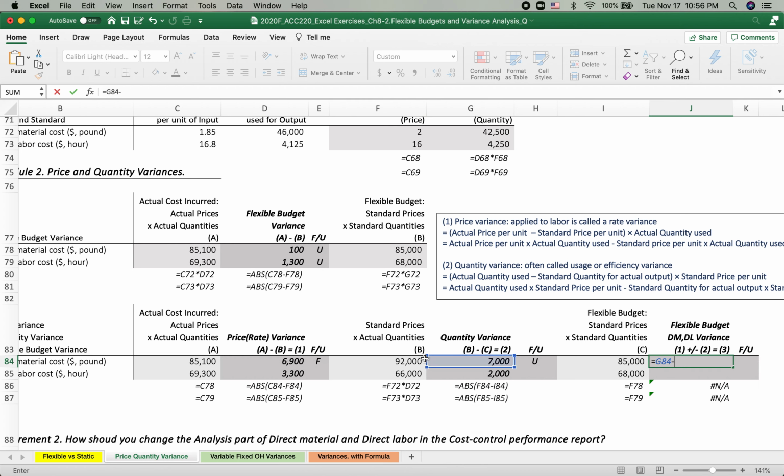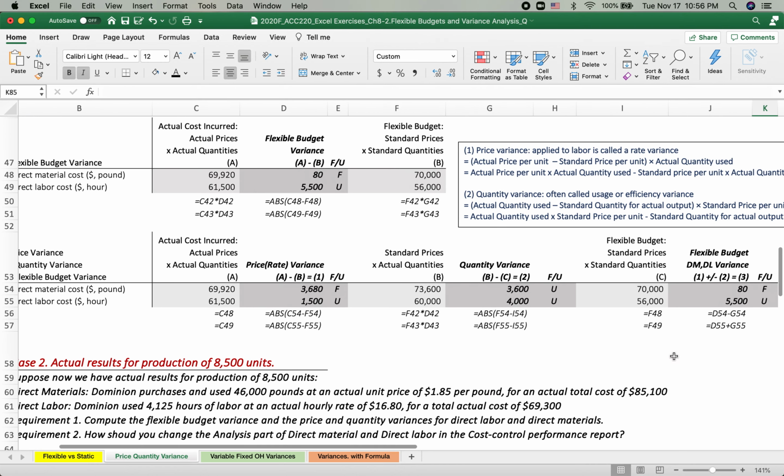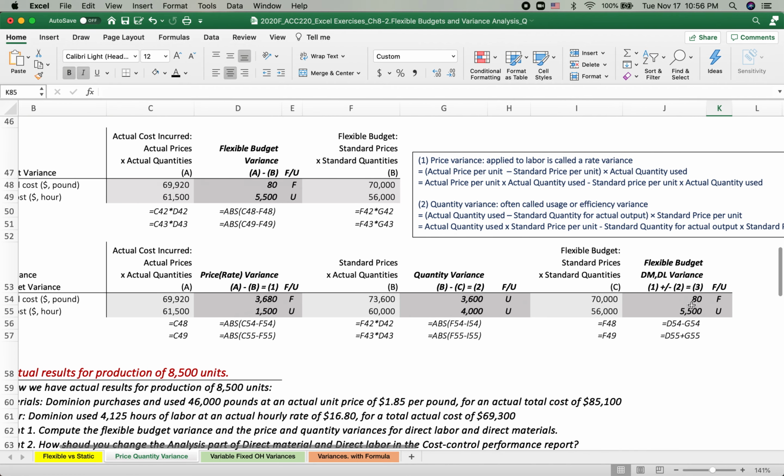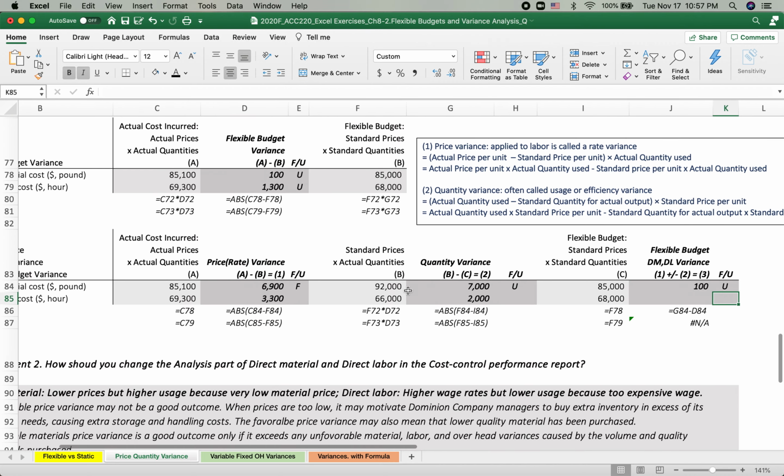So let's start from this. And then, do you see? We put 100 unfavorable. Now comparing this to the 7,000 activity level, it turns to an unfavorable variance, but it's not a big deal.